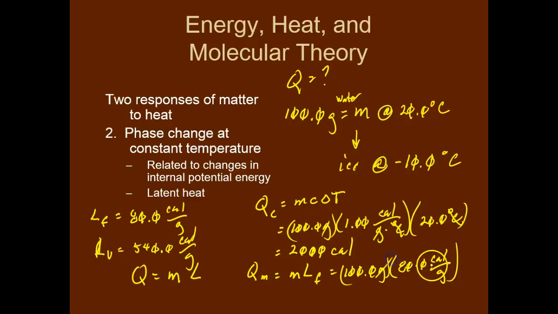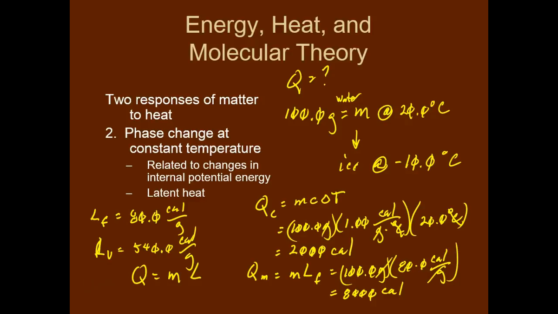Notice here your grams go out and no delta T here because at phase change there's no temperature change. So what do you have? 80 times 100 is 8,000 calories. That's where a lot of your energy goes to make that ice. Okay? Now what has your refrigerator got to do?